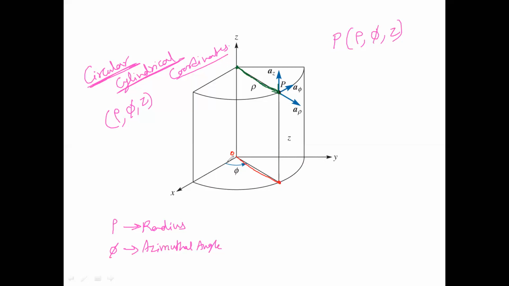The angle made is called the azimuthal angle. This azimuthal angle is to be taken only on the xy plane. Then the third coordinate is z.